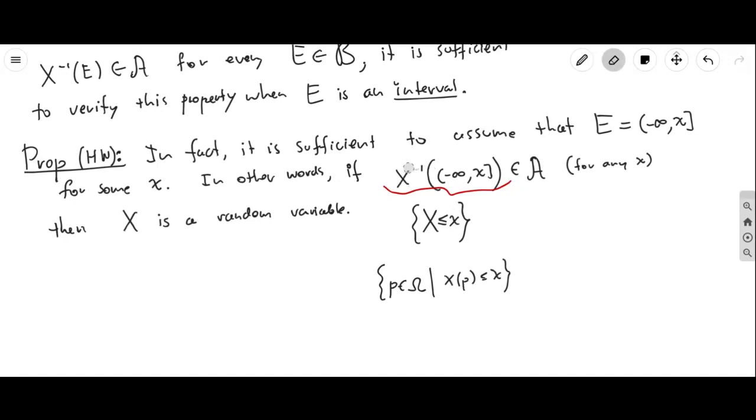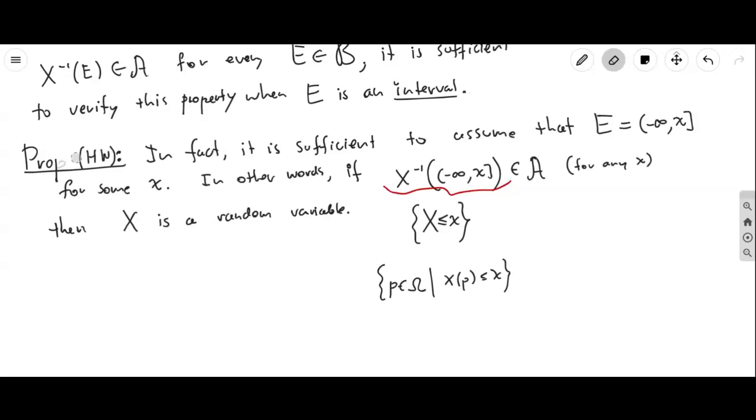Right? X applied to a point is in this interval. But if it's in that interval, at the very most it's x, and there is no lower bound. So it's just this. So you have to verify that sets of this form are in your sigma algebra, and if you can verify that, then it will mean that it's true for every interval.